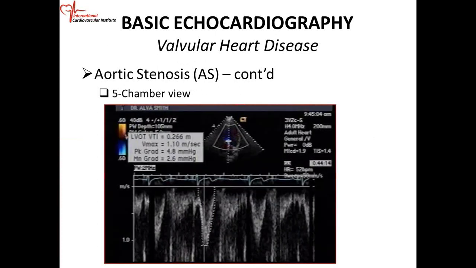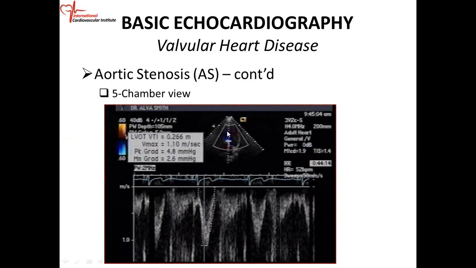All right, so the 5-chamber view is important. Not only because we can see the aortic valve in the 5-chamber view, but because you need to get your left ventricular outflow tract VTI.